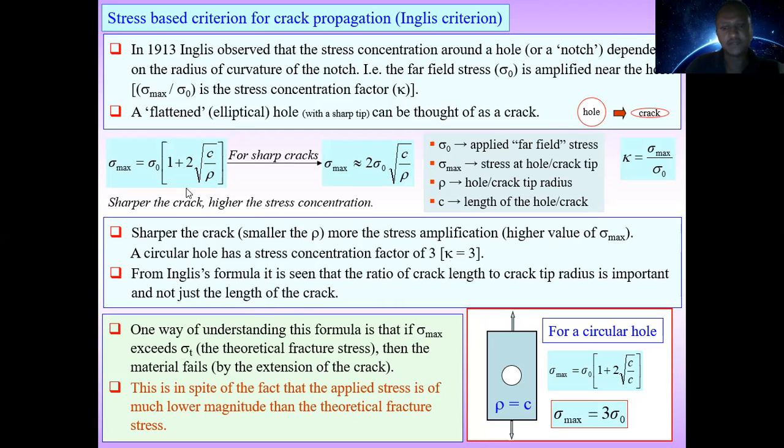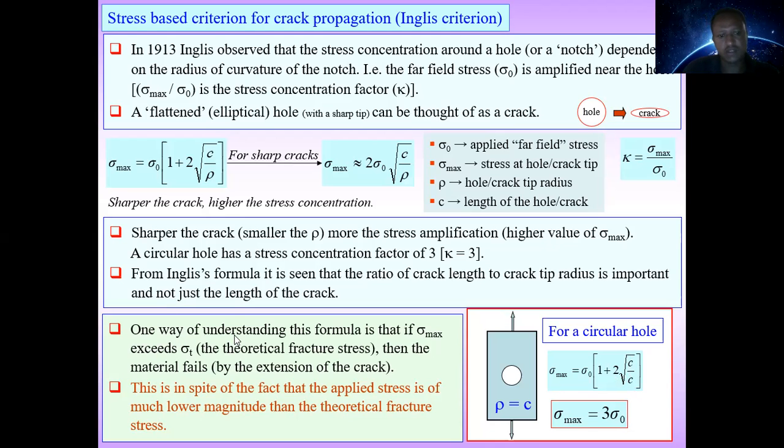So we can see it here. For a circular hole, rho and C are equal, so C over rho is 1, 1 plus 1 is 2, plus 1 is 3 times sigma naught. Sigma max is equal to 3 times sigma naught.